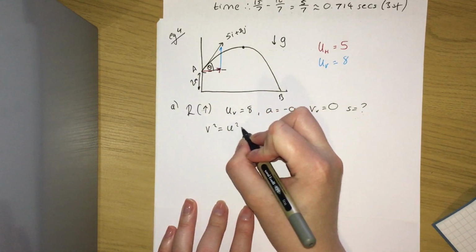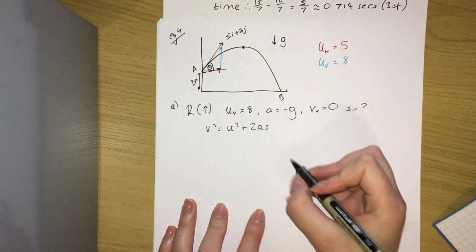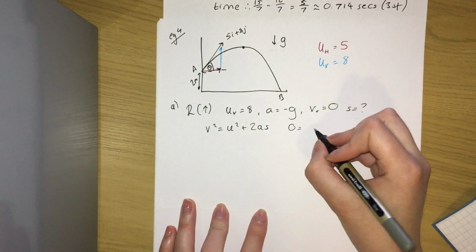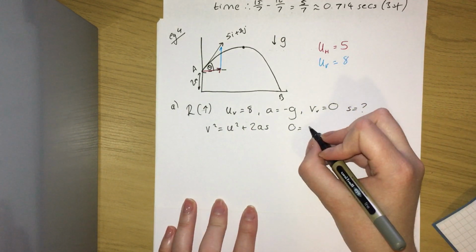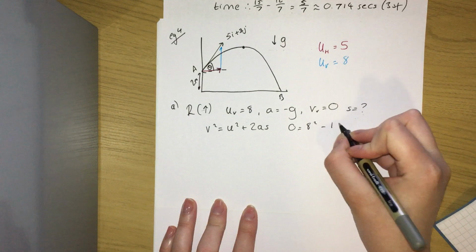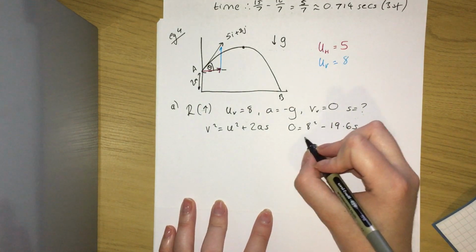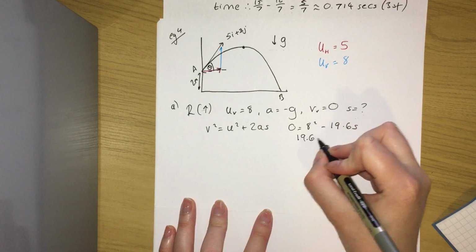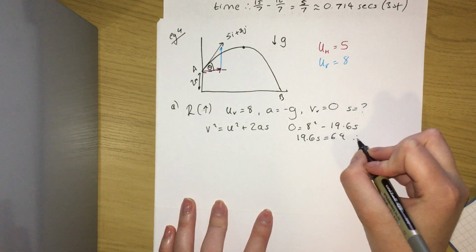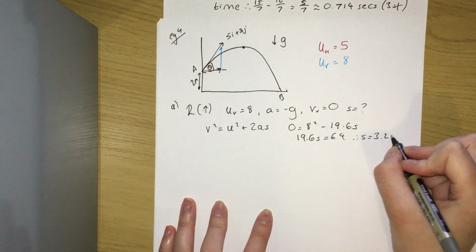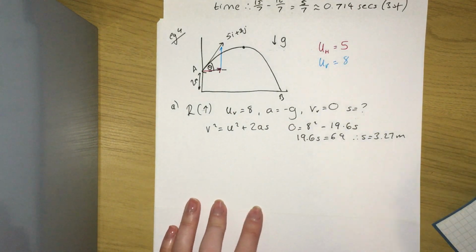So I'm going to use v squared equals u squared plus 2as. So 0 is equal to 8 squared minus 19.6s. So 19.6s is equal to 64, so therefore s is 3.27 metres.